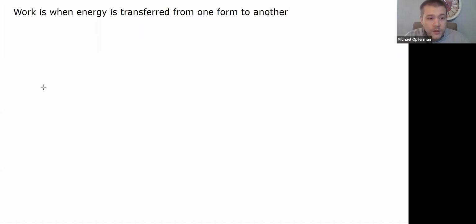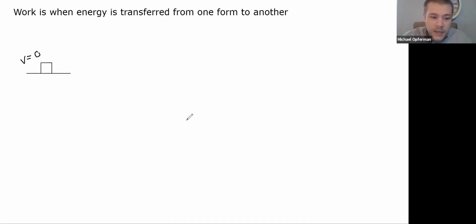So first thing I would do is draw my initial and final pictures. My initial picture is that the block is sitting on the ground at rest with zero velocity. Let me just make note of that in the picture. Okay, and then I draw my final state.